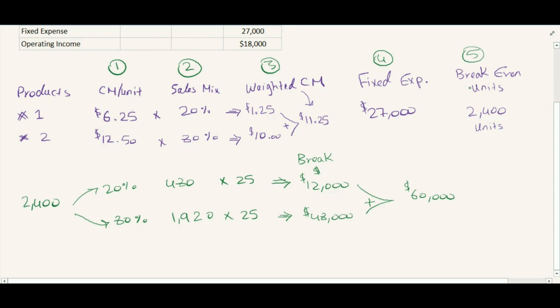If you need the break-even in terms of dollars, you need to continue and get the break-even for each product multiplied by the selling price, and that will give you the break-even dollars for each product. When you add it up, it will give you the break-even in dollar sales.